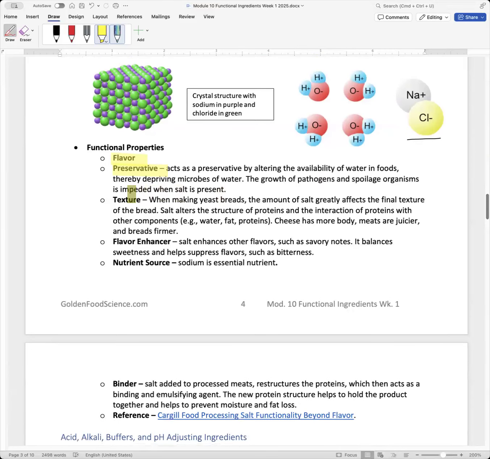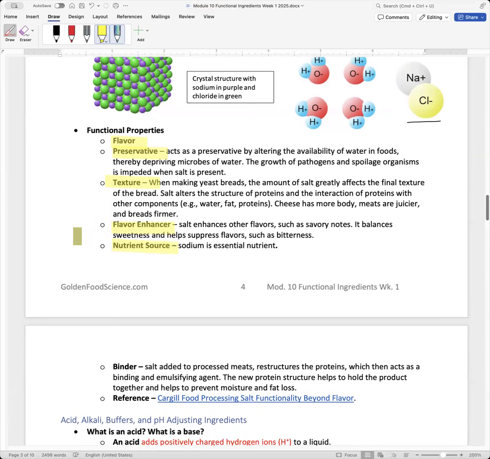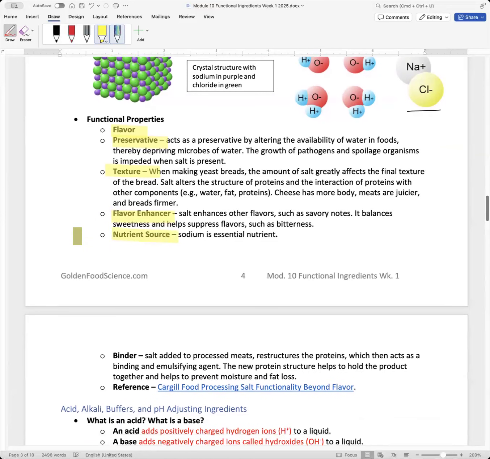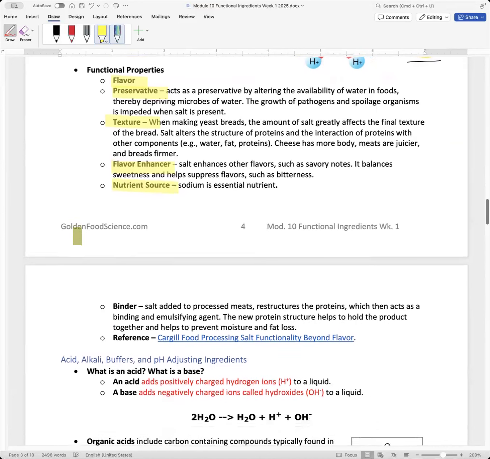Sodium chloride is also used for texture, as a flavor enhancer for savory notes, and as a nutrient source, right? Sodium is an essential nutrient, just not too much.